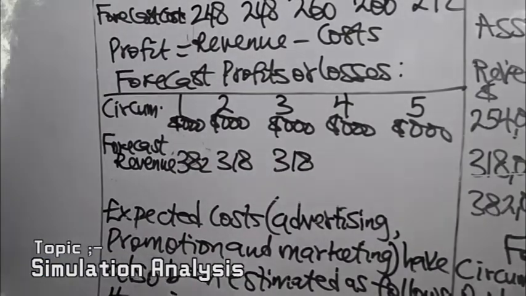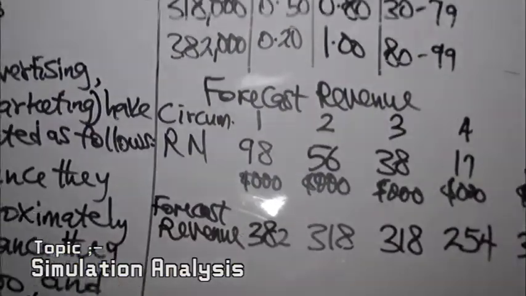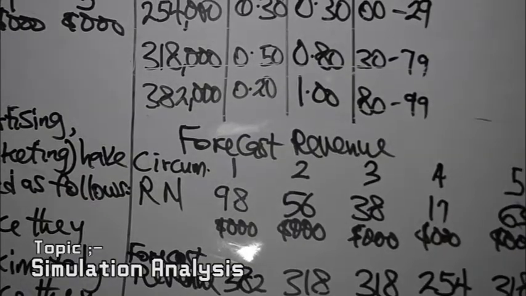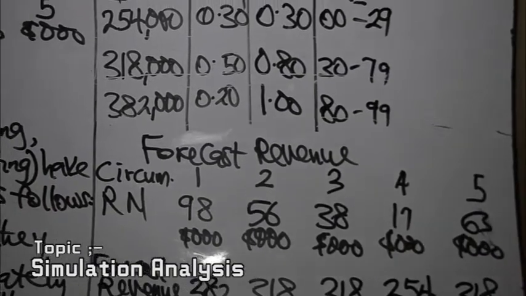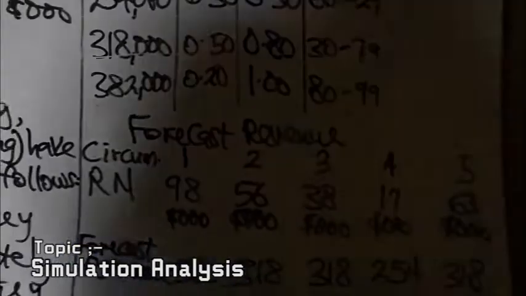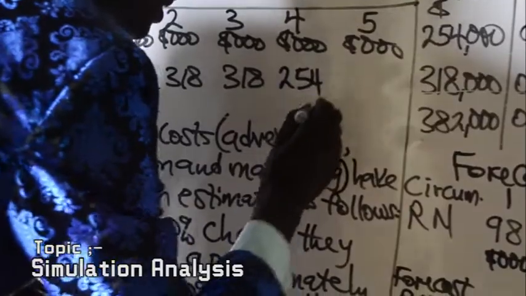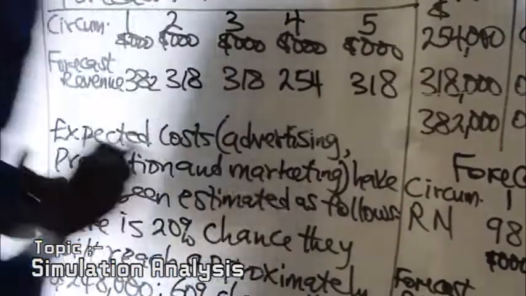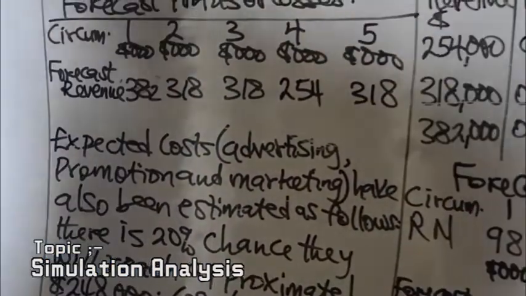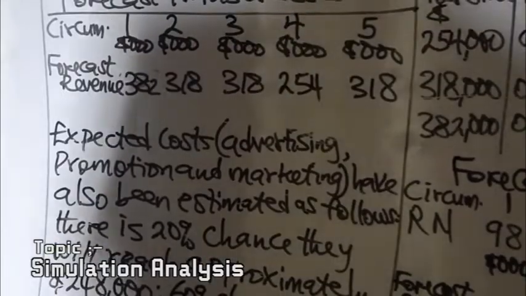The next one, you have 254 and 318. That is our forecast revenue.